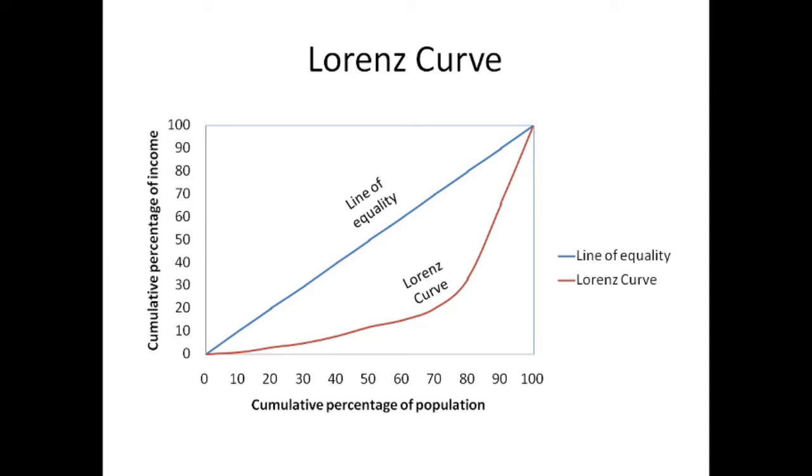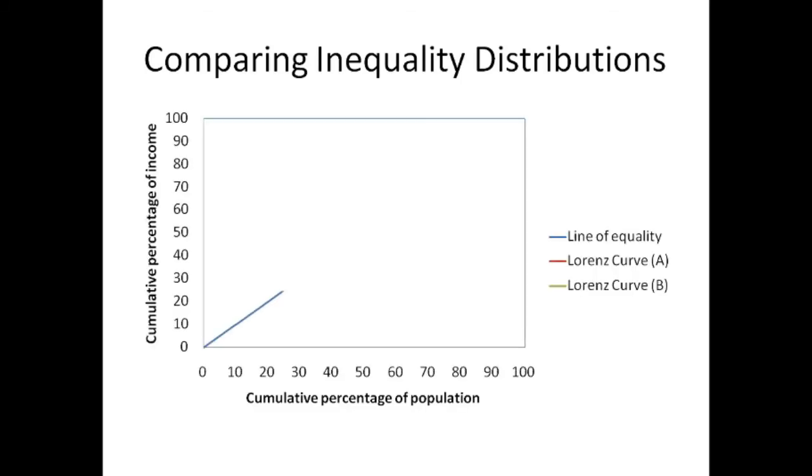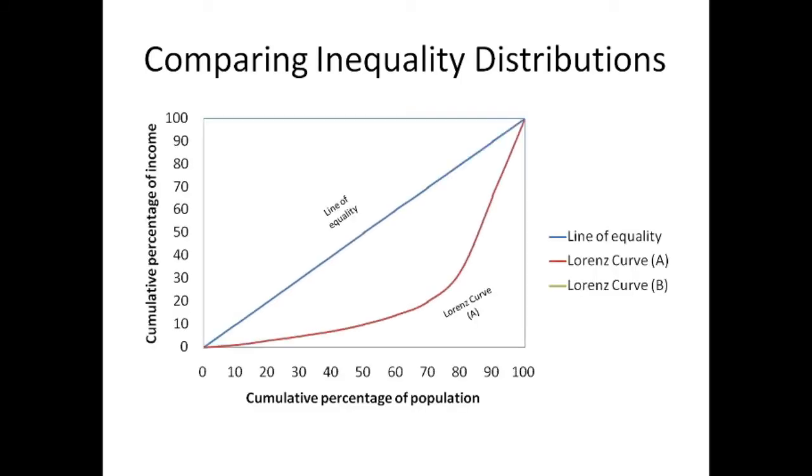So if I have two societies A and B, here I can say that the green curve, since it's closer to the line of equality, the population in country B or society B is more egalitarian than society A, right? Because the green line or the Lorenz curve for country B is closer to the line of equality.